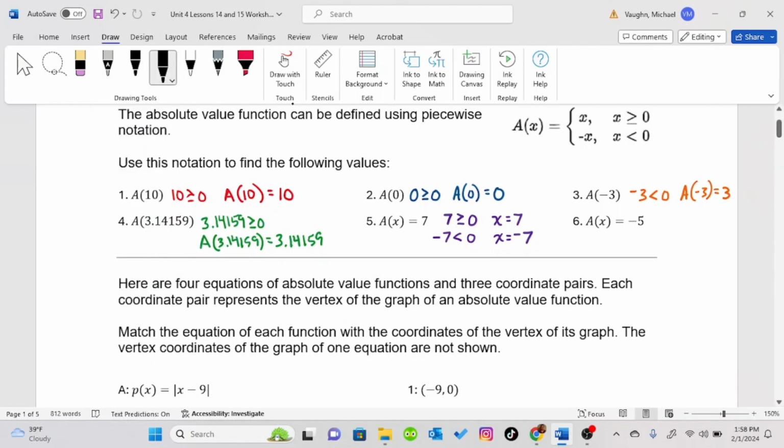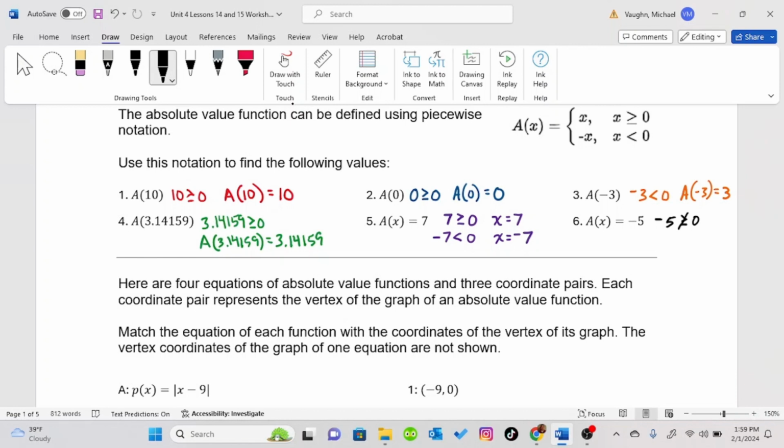And then number 6, they tell us the function equals negative 5. Well, if we look at the top rule, that would mean x equals -5 and x is greater than or equal to 0, which is not true. -5 is not greater than or equal to 0, so that can't be true.